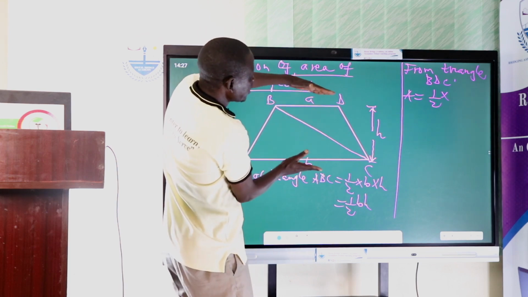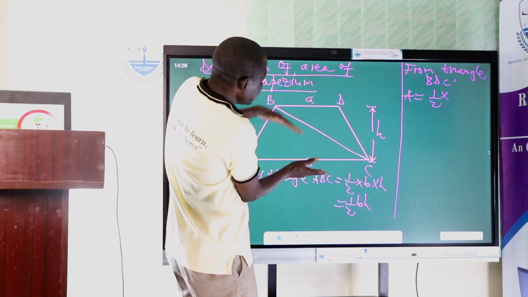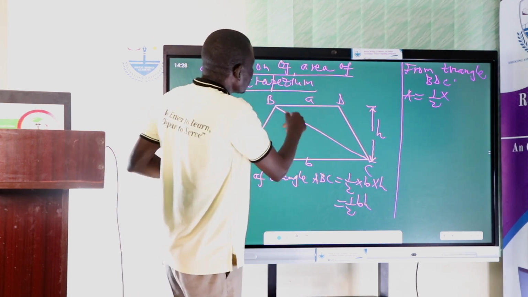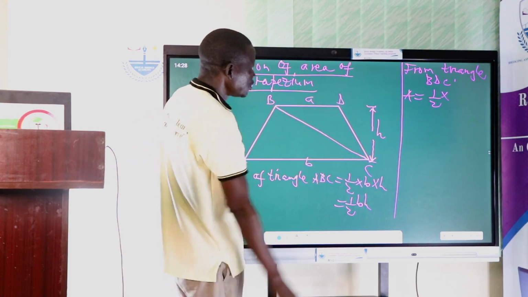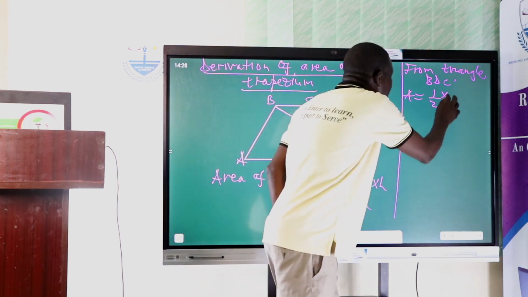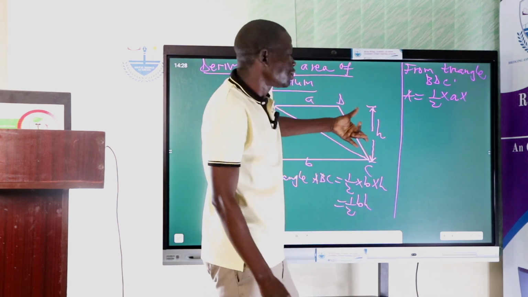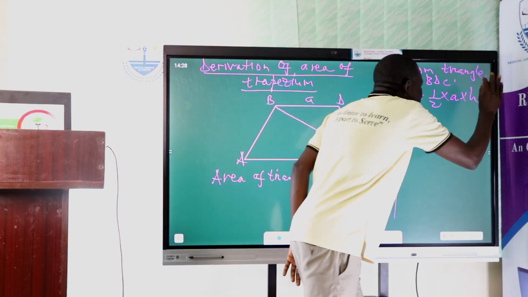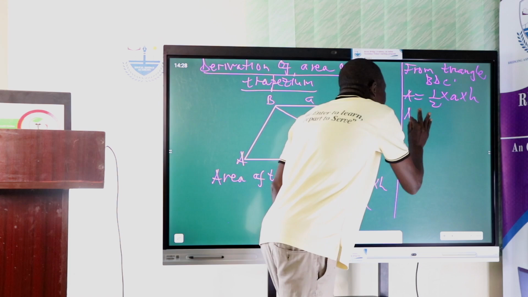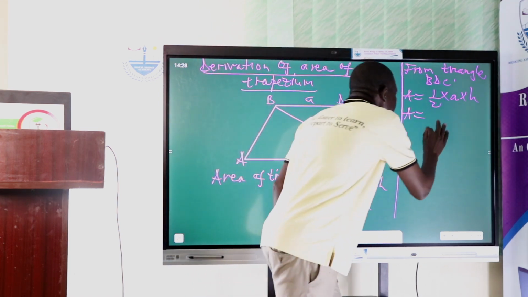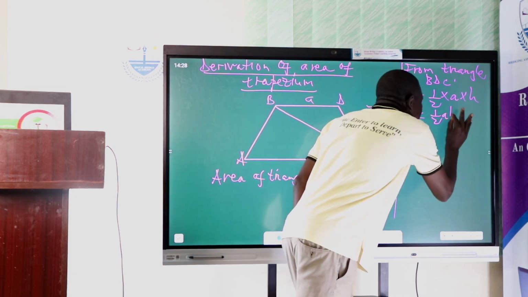We are considering the parallel sides. The b was for triangle ABC. Now a is the base for triangle BDC. So times our base, which is a, then times the height, which they share, which is the same as h. So that the area gives us a half times a times h. We get a half a h.